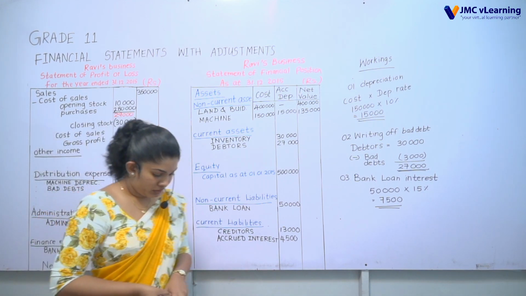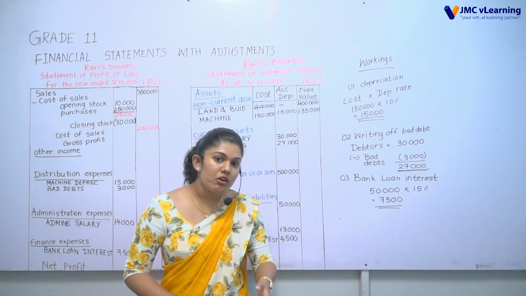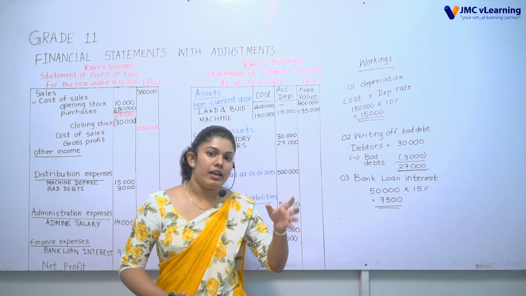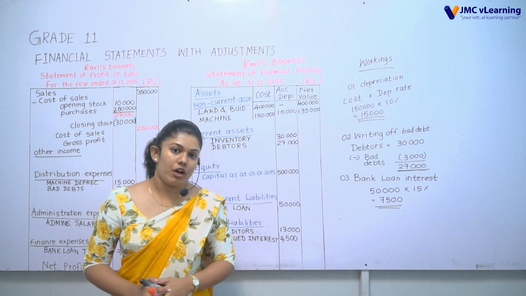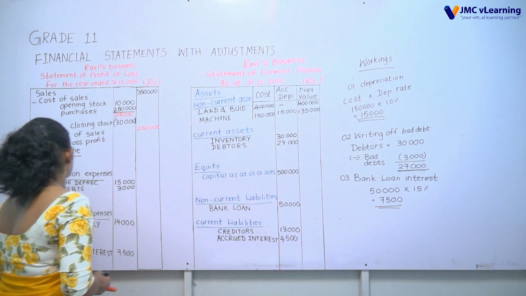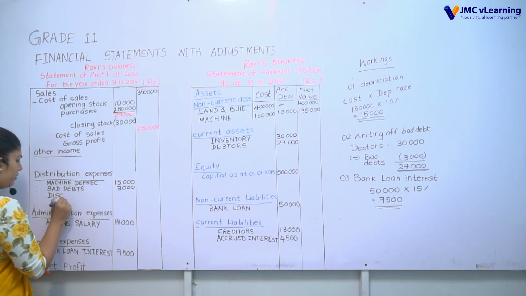Next, discounts allowed 3,200. Discounts allowed is an expense for the business. 3,200 therefore goes under distribution expenses. Discounts allowed.